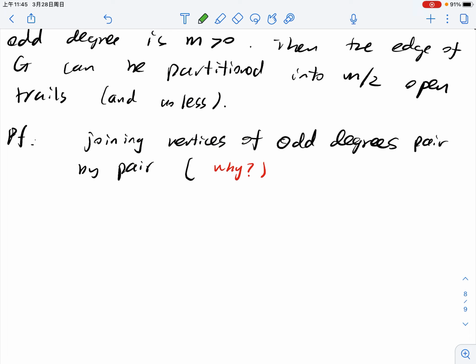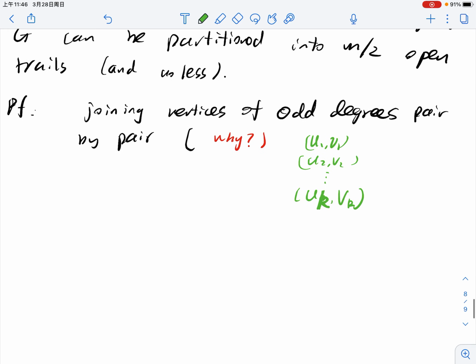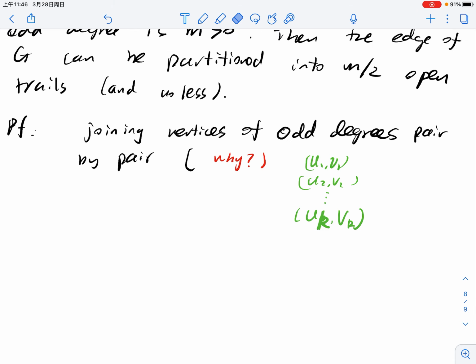so let's assume this is U1, V1, U2, V2, up to UM over 2, VM over 2.